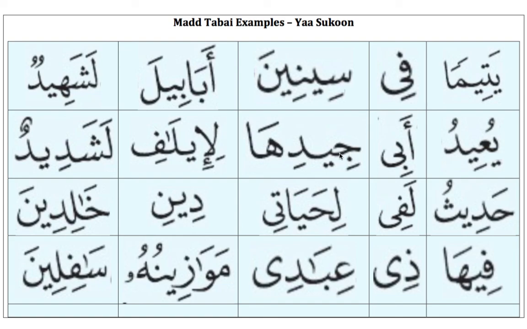So the word is jidiha. Jidiha. Ha fatha alif sukun ha. Jidiha. So it's not just going to be ha, it is jidiha. Two movements on the ha alif sukun.